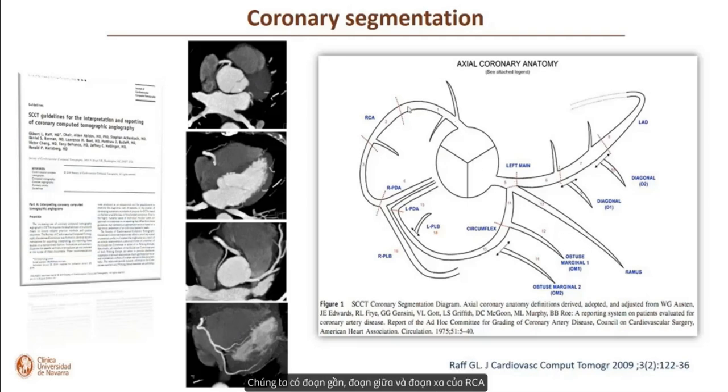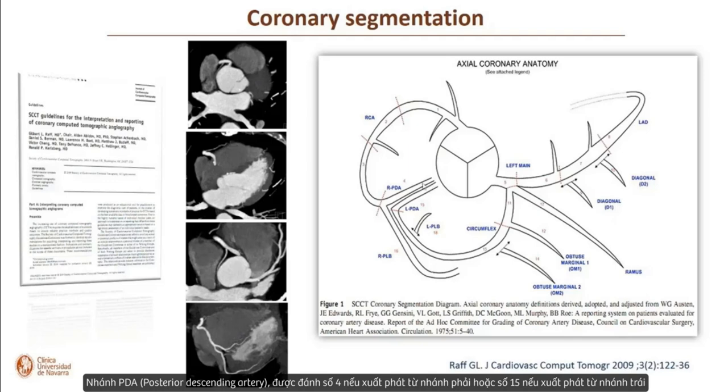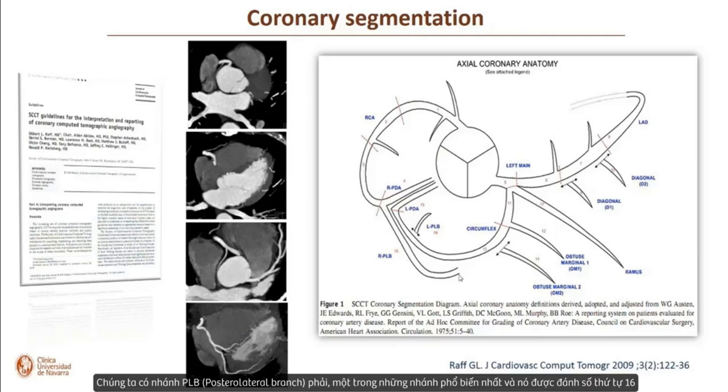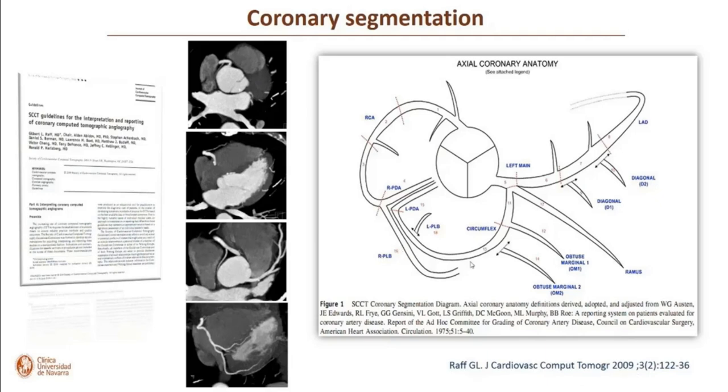So again, we've got the proximal RCA, the mid RCA, the distal RCA, the posterior descending artery, which is called segment 4 if it's coming from the right, or segment 15 if it's coming from the left. We've got the right posterolateral branch, which is the most common one, and this is segment 16.